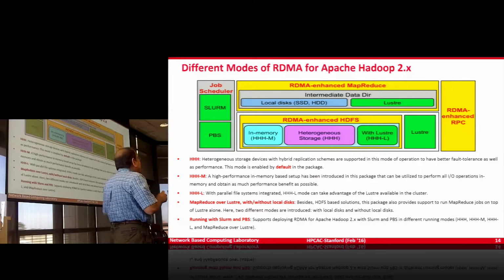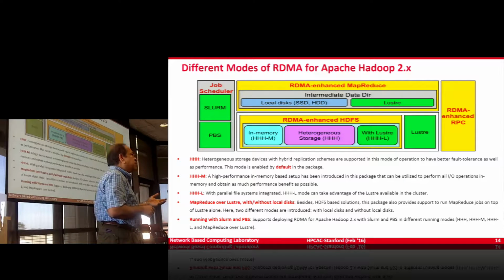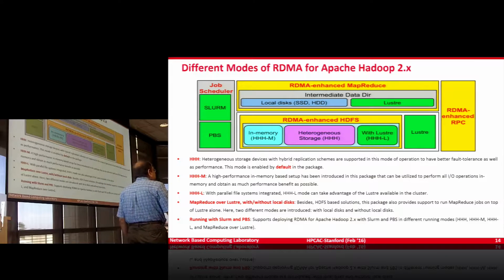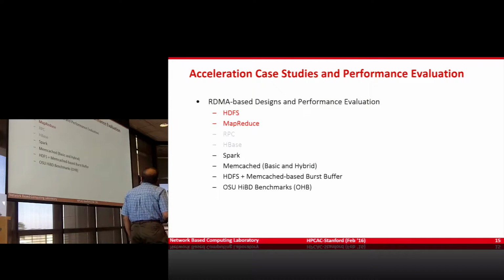That is the new kind of HDFS design. Then of course we have the similar RDMA-enhanced MapReduce together with Lustre or local disk. We also have RDMA-enhanced RPC, and we also provide an interface with the typical job scheduler. Let's say you have HPC systems with PBS or Slurm running. We have an interface so that it directly runs using the existing HPC framework.